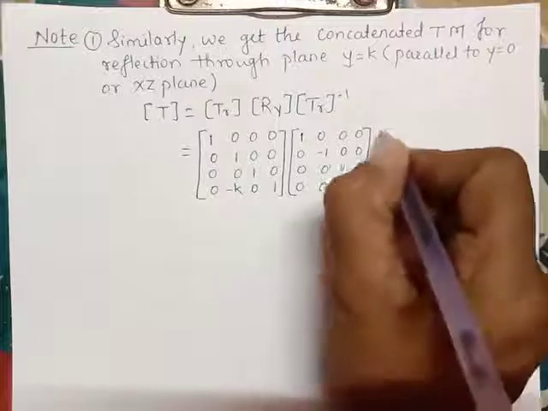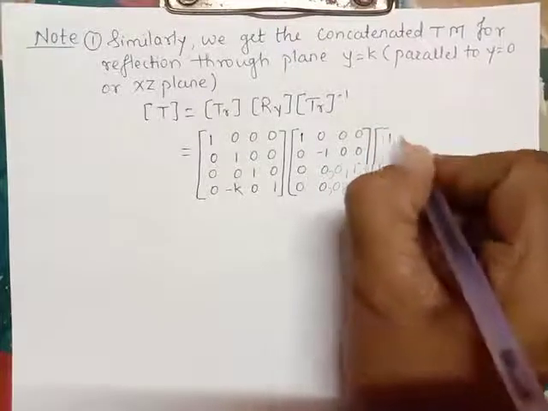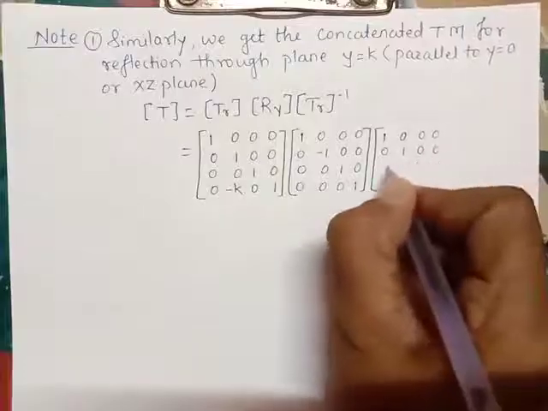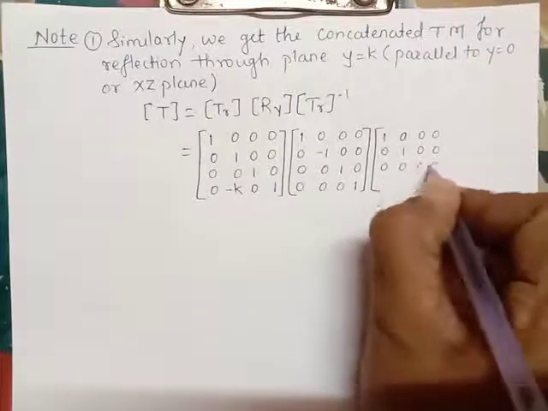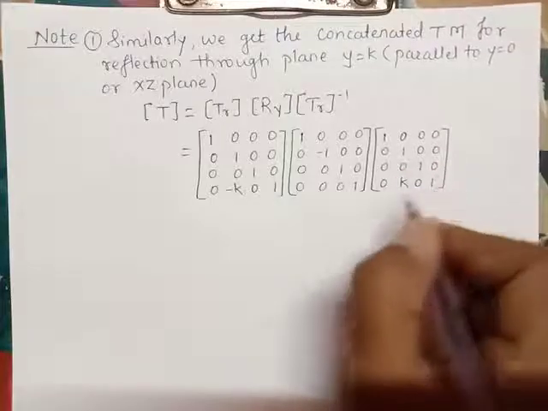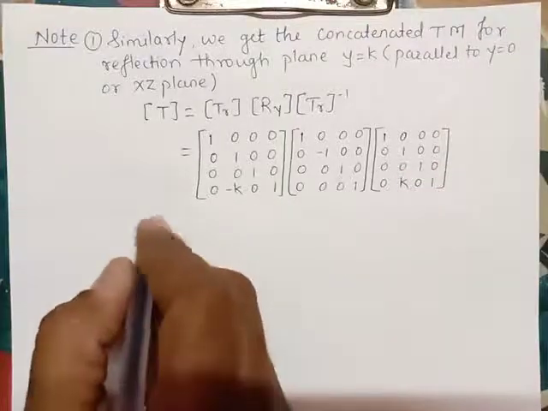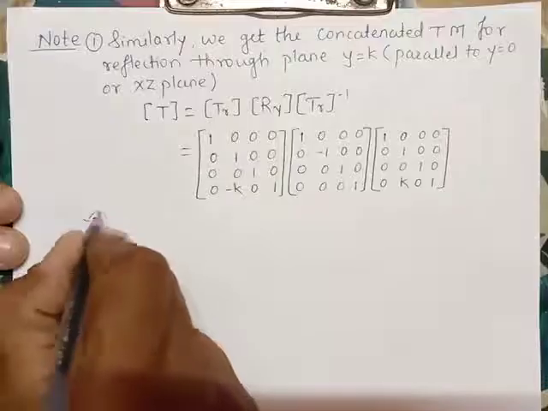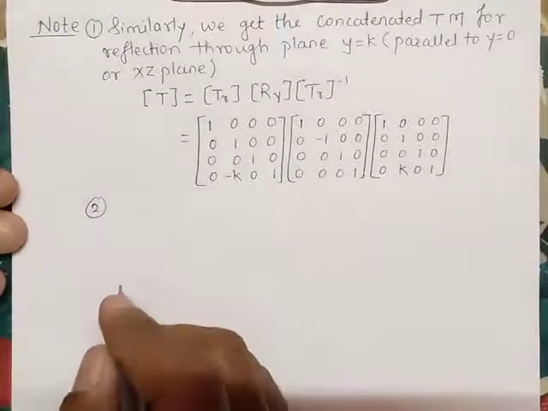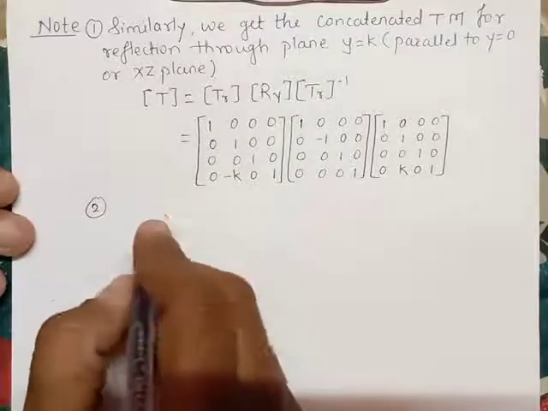Inverse translation: 1 0 0 0, 0 1 0 0, 0 0 1 0, 0 K 0 1. This one. Again, Note 2 we can write for reflection through plane x equal to k.